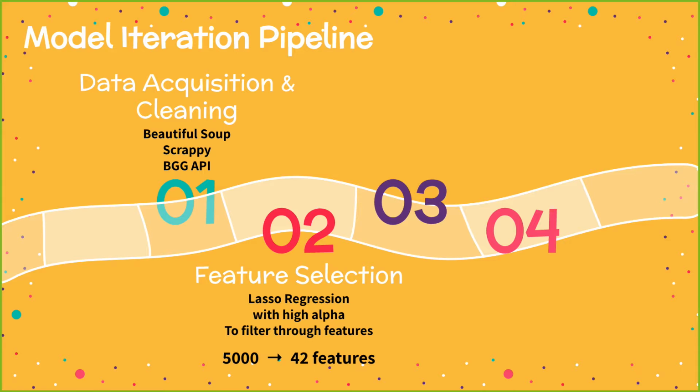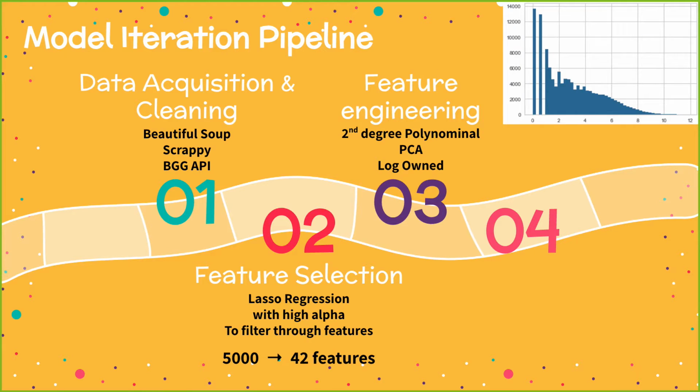In order to do feature selection, I used lasso regression with an intensely high alpha to filter through those features and came up with just 42 essential ones. This addressed both multicollinearity between features and also created a simpler model which could be less daunting for the audience today.